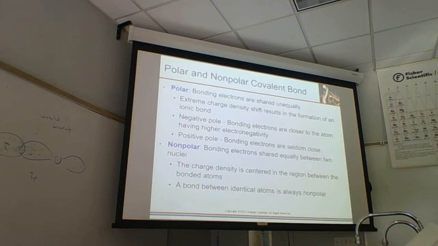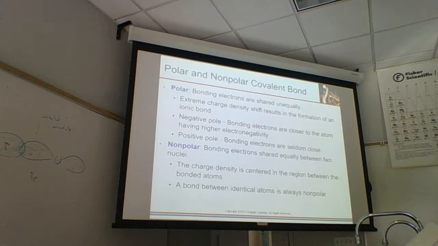Draw like this, or I could draw them vertically or horizontally. But in the case of chlorine versus chlorine, it's a tie, it's split, so it's going to look very symmetric. Whereas HCl looks asymmetric.